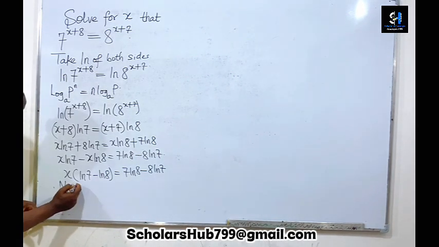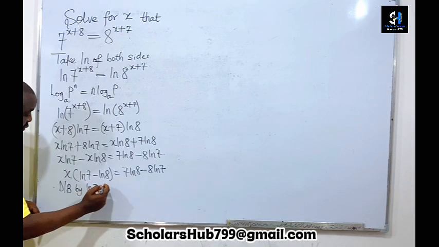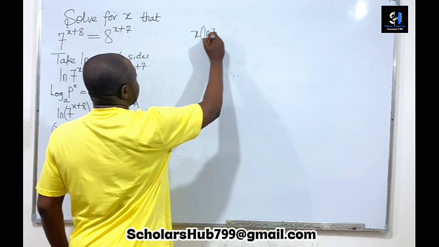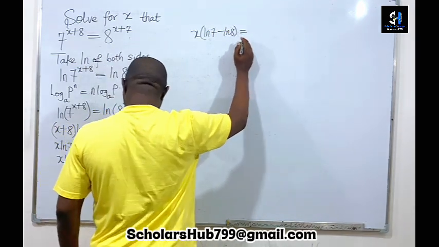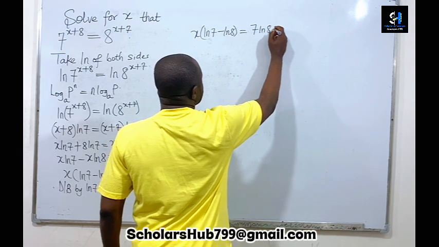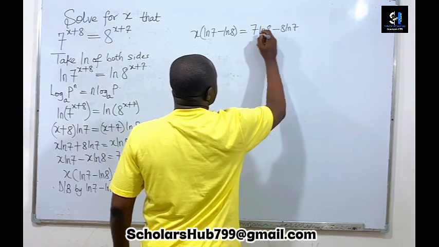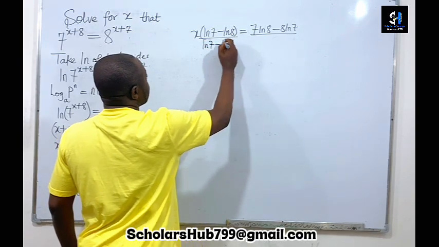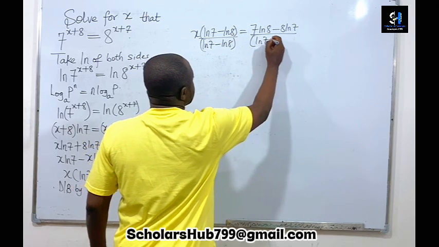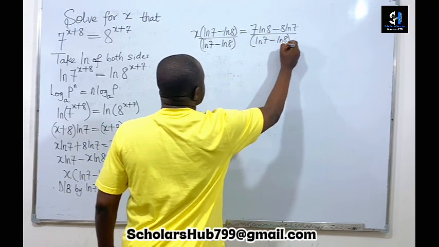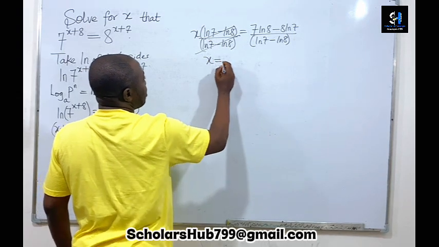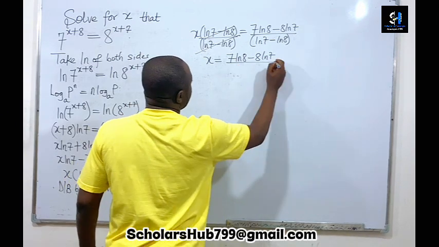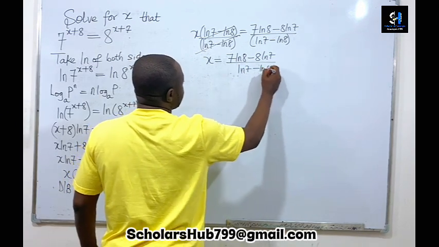So x times (ln 7 minus ln 8) equals 7 ln 8 minus 8 ln 7, and dividing both sides by ln 7 minus ln 8, x will be equal to (7 ln 8 minus 8 ln 7) over (ln 7 minus ln 8).